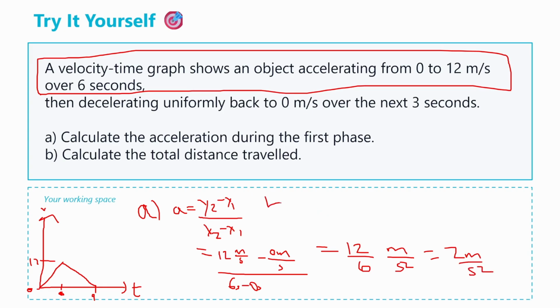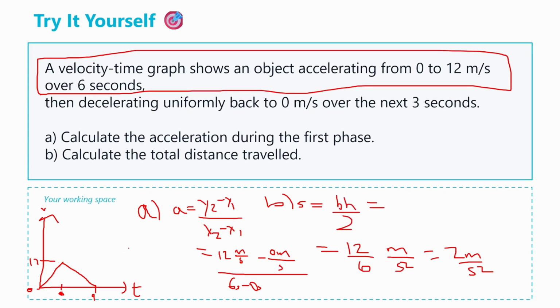Now, what is the distance? I'm just going to write S because it's displacement. It should give a displacement, but here distance is assumed to be equal to the displacement. So it's the area under the graph. Now you can see this looks like a triangle, right? So we have to use the triangle area formula.